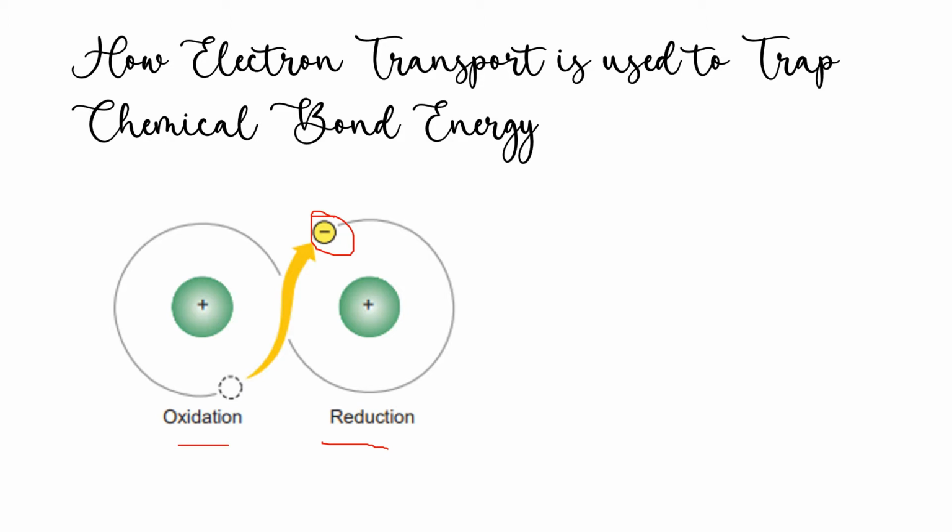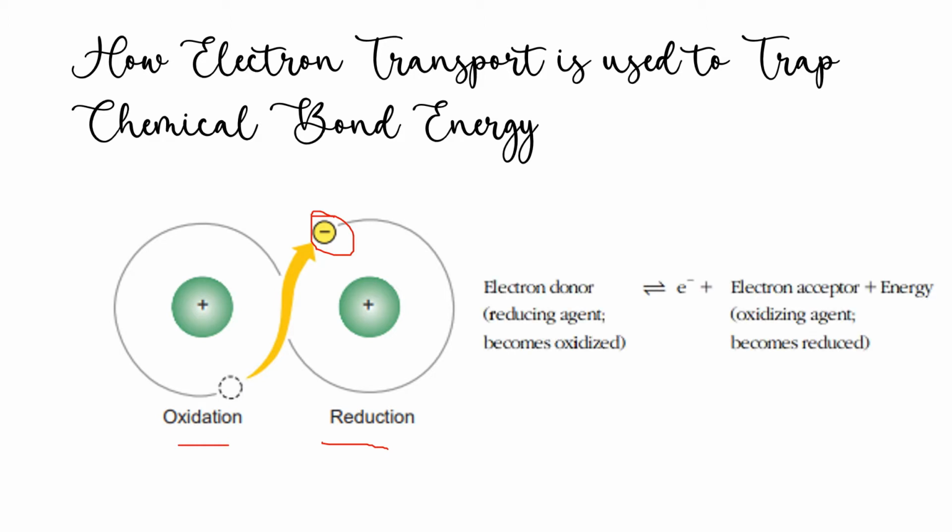This means that in the degradation of fuel molecules, hydrogen atoms, electrons and protons are passed from electron donors to electron acceptors with a release of energy. A portion of this energy can be trapped and used to form the high energy bonds of molecules such as ATP.